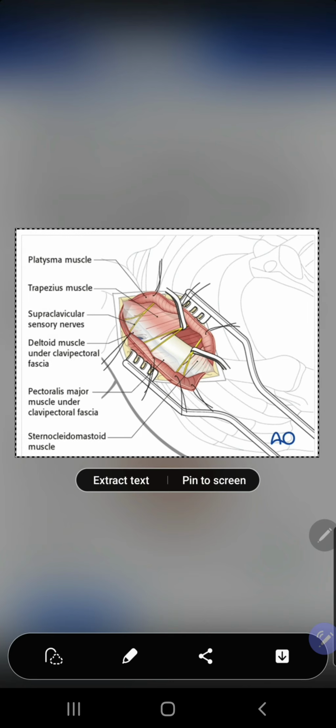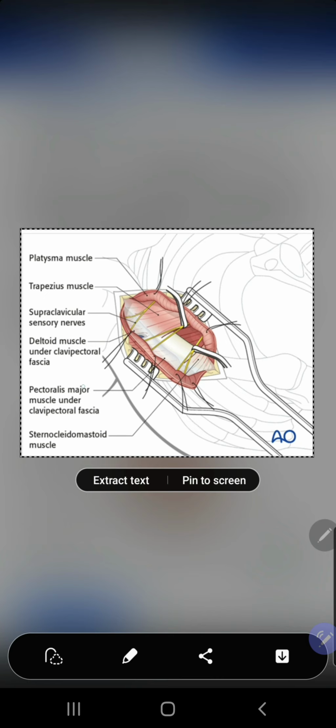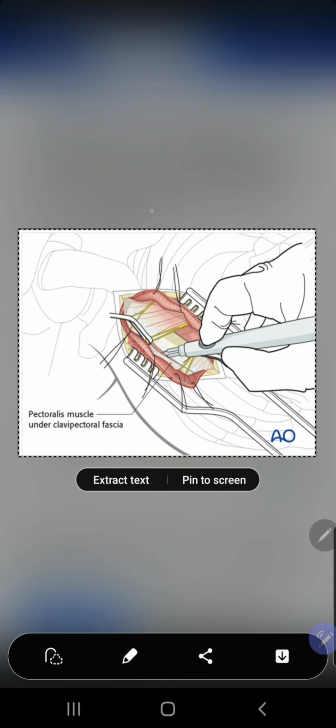These nerves should be protected to avoid development of painful neuroma, and it may leave an area of numbness around the incision site. If your incision is going more lateral, you will reflect the pectoralis major muscle, and if you go more lateral, you may reflect the deltoid muscle.